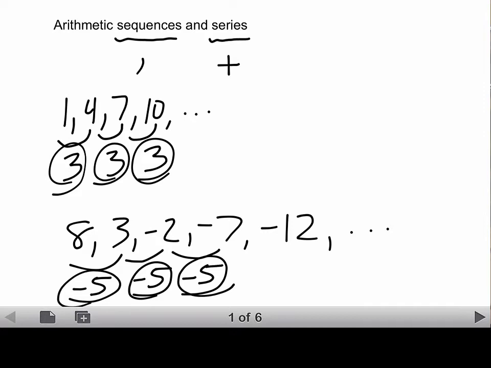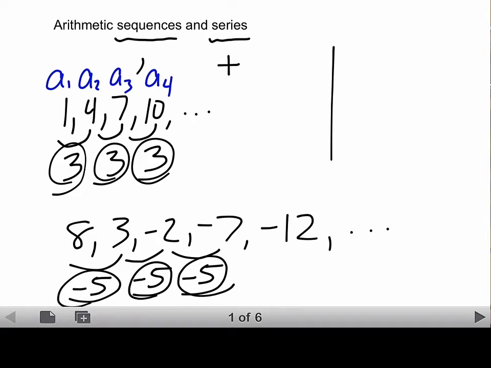Since these are sequences, it would be appropriate to assign sequence notation to them, and in that case, for 1, 4, 7, 10, the first term would be a sub 1, the second a sub 2, a sub 3, and a sub 4.